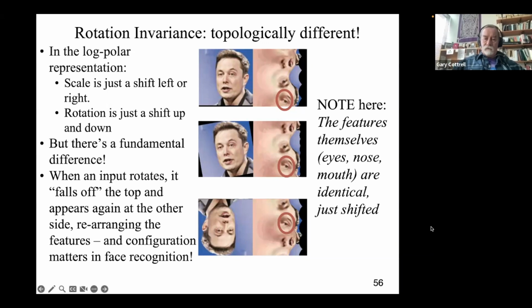And in this representation, the features are preserved. And if we feed these into a translation invariant network, we're going to recognize these features no matter where they are in the image. So we're reduced to just features at that point.